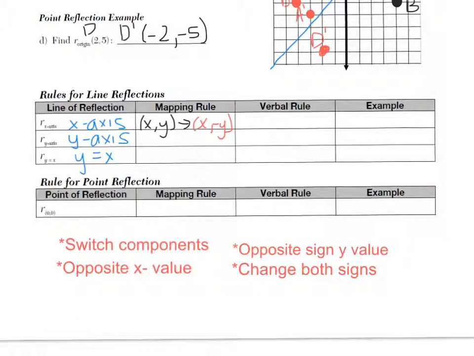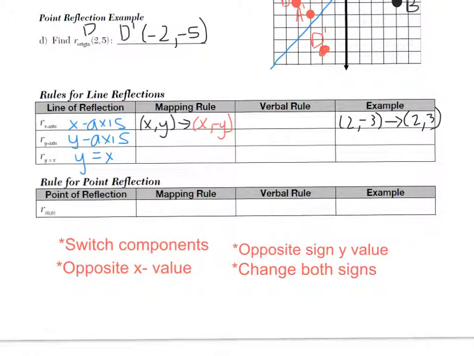So if I had the point 2, -3, that would map to 2, +3, because my -3, excuse me, would map to the opposite y value of +3. Okay, what about the rule for the y-axis? What would you do there?